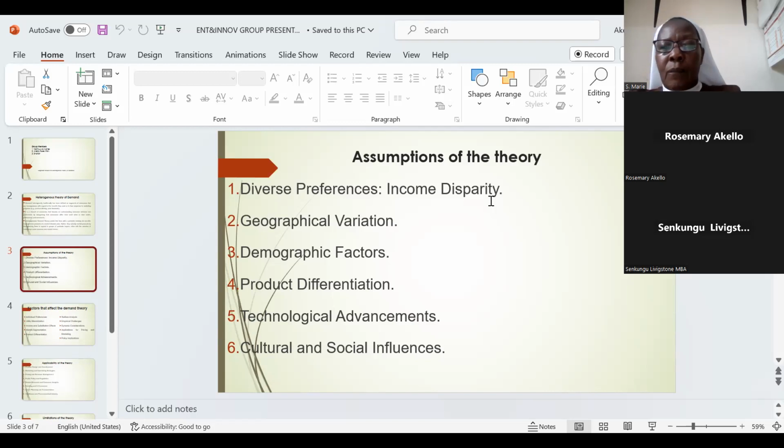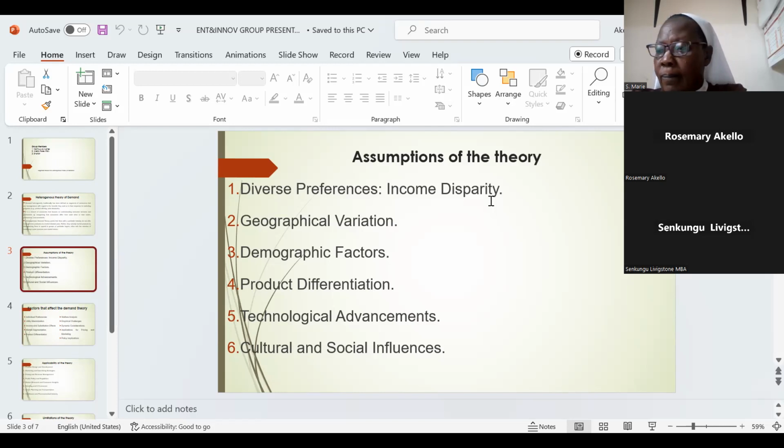Different demographic groups may have distinct needs and preferences, leading to heterogeneous demand for products targeted at specific segments. Then we have product differentiation strategies, which include branding, packaging, features, and marketing, and create diversity in consumer choices and preferences. Consumers may perceive differentiated products as offering unique benefits, leading to variations in demand based on individual preferences.